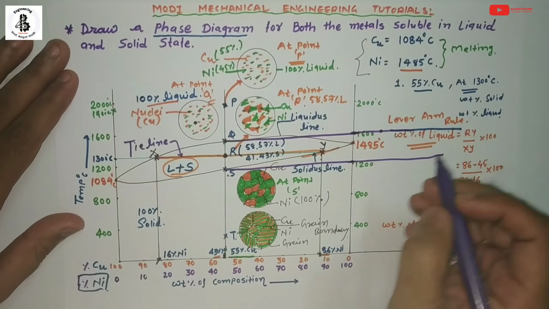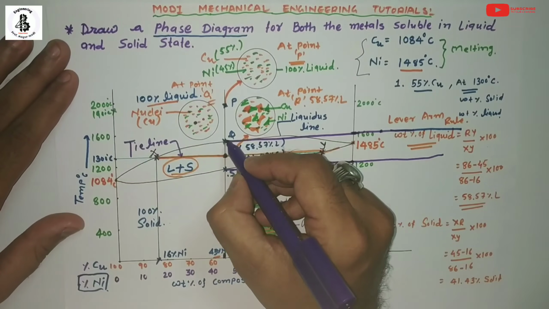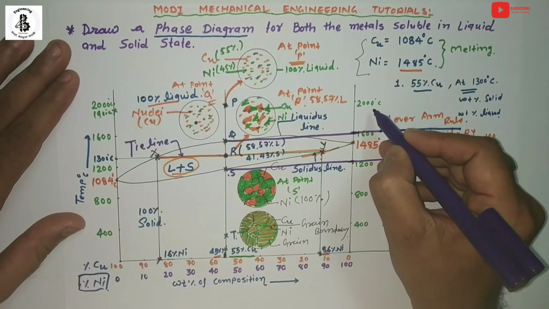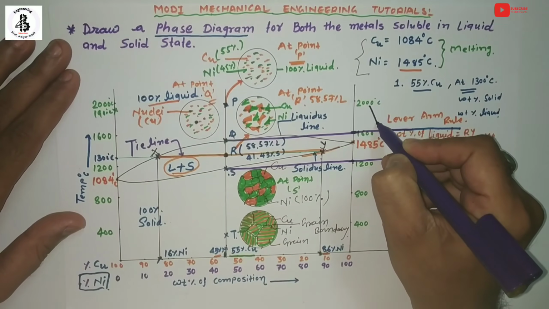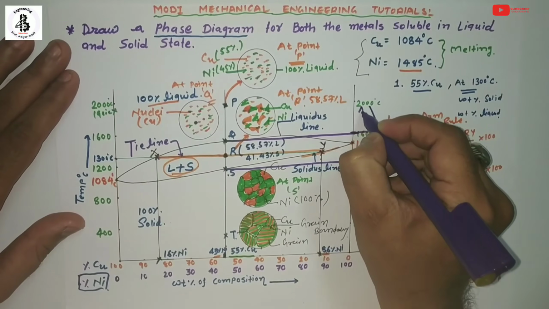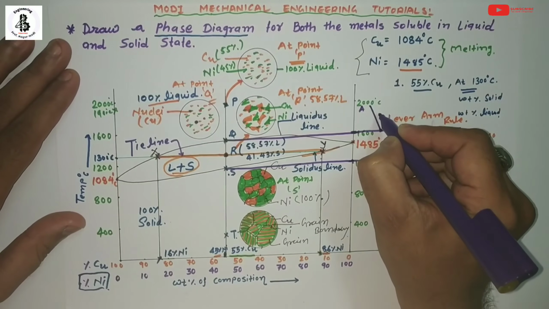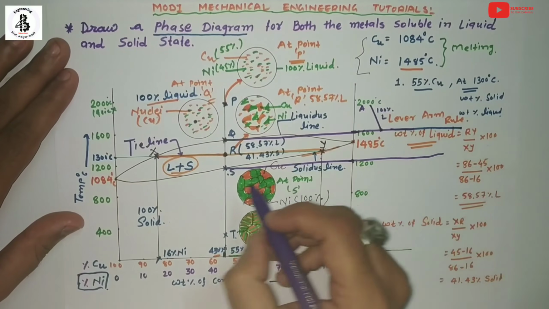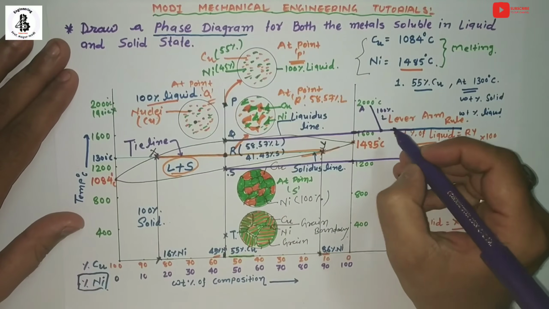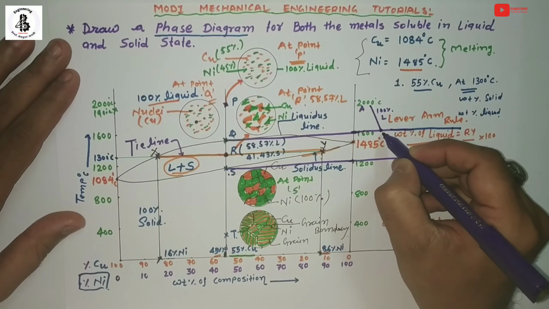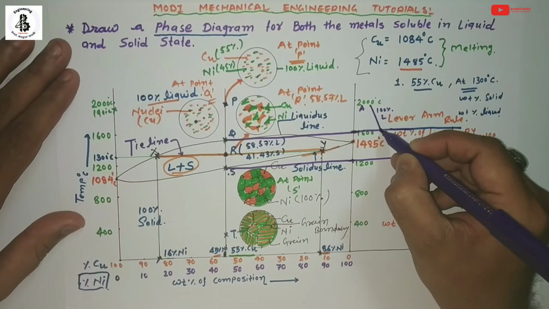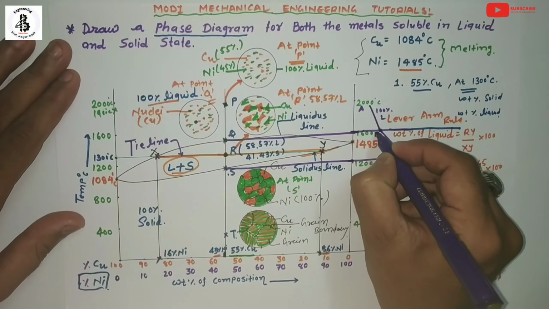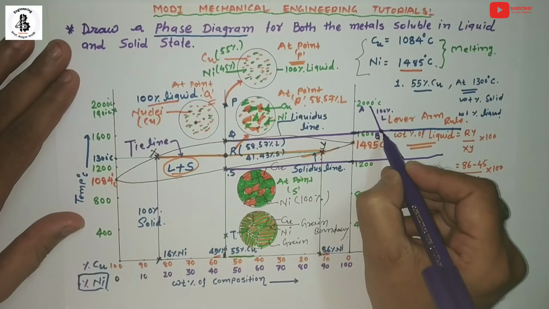Right, so this point and above, for any composition, it will form 100% liquid. So you can see it will look like this. This is point A, and here that will be the 100% liquid phase of the binary alloy. Both have different melting points, so it will look like this. This is point B, or you can say solidification start.